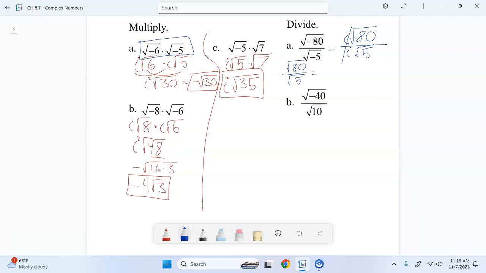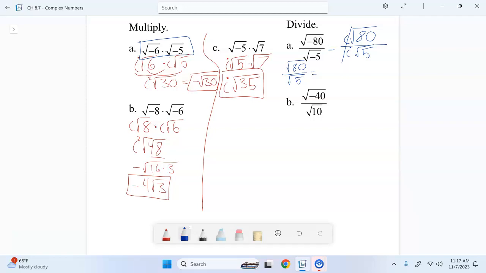Couple ways to handle this. Does anyone remember what we can do if I have 2 radicals as a numerator and a denominator? I can rewrite it. Quotient rule from yesterday. Feel free to look at your notes from yesterday. If I have the square root of something over the square root of something, how can I rewrite it?